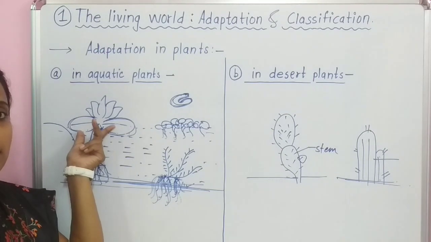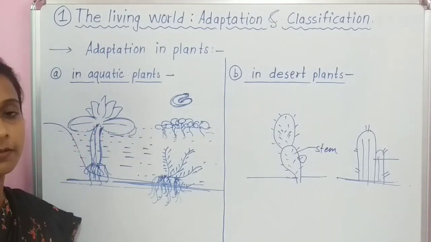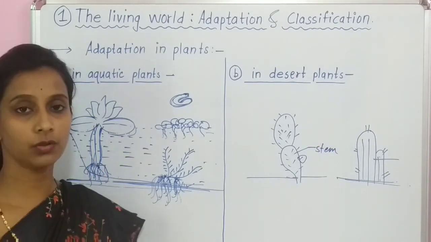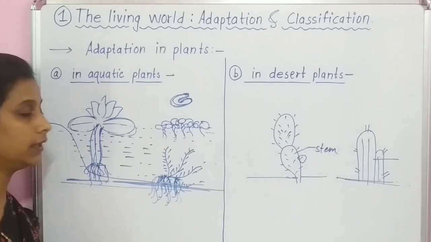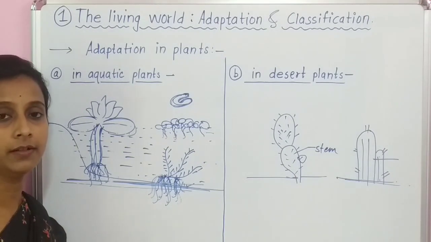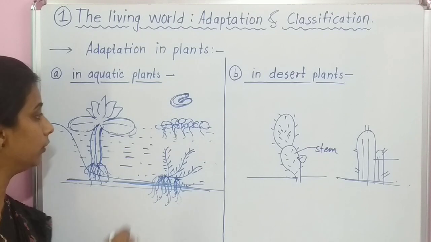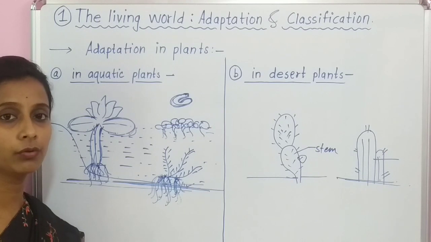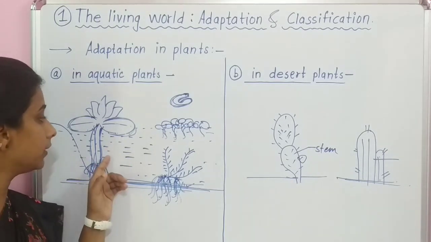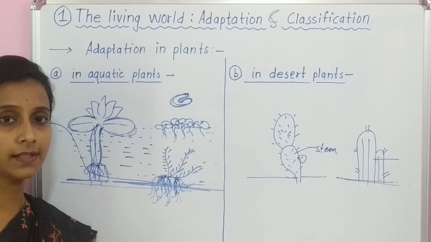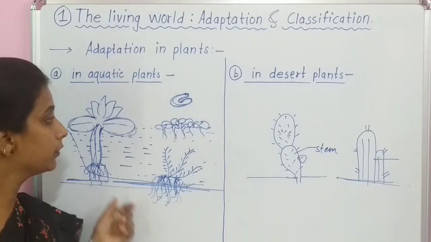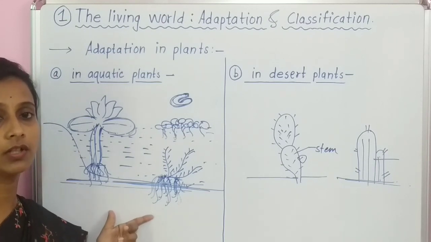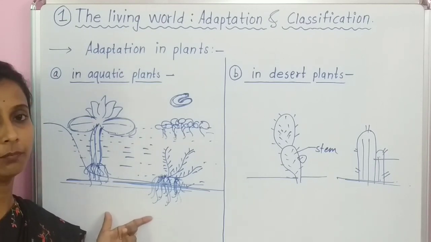Why? Because they want to float on the water, so they contain large numbers of vacuoles inside their vessels. Also, the leaves contain a waxy layer for floating on the water. So in this way aquatic plants are adapted to survive in the water bodies.